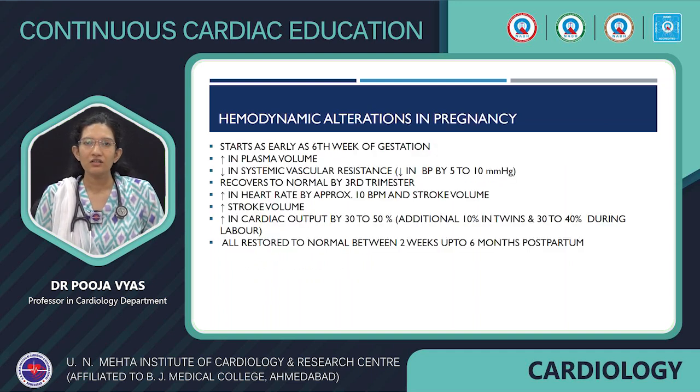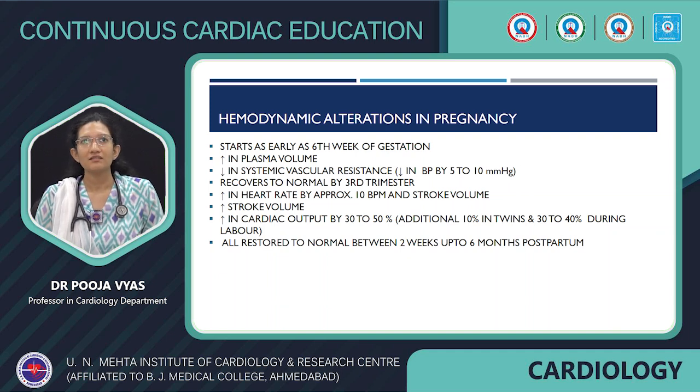Some hemodynamic alterations in pregnancy. These alterations start as early as the 6th week of gestation, and there will be an increase in plasma volume and also a decrease in systemic vascular resistance. So there will be a fall in blood pressure by 5 to 10 millimeter of mercury.